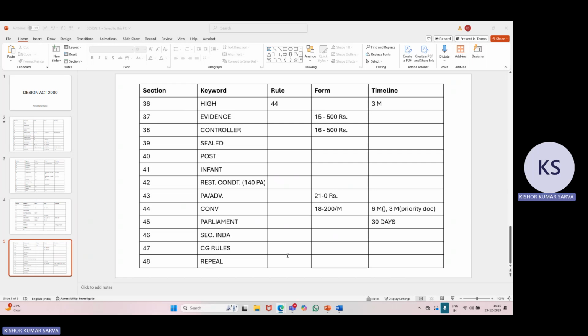Then it comes that if the contract was made before the Design Act, then it will be valid for 1 year. The Design Act came in 2000. What happens before that is different, and if there was a contract after 2000, after the Design Act came, it was valid for 1 year.